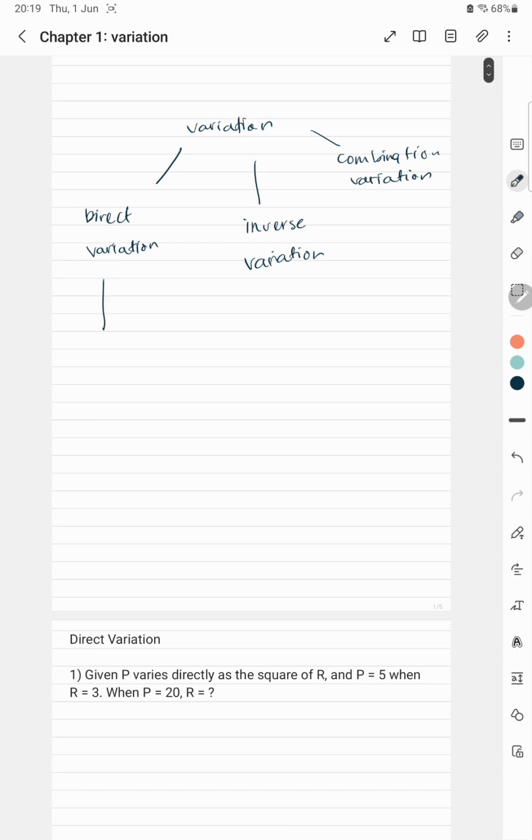So there are a few types of forms in direct variation.